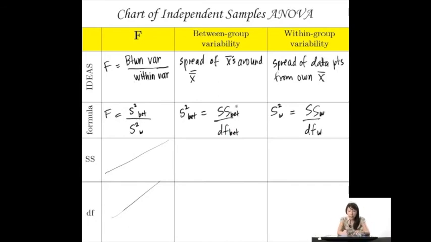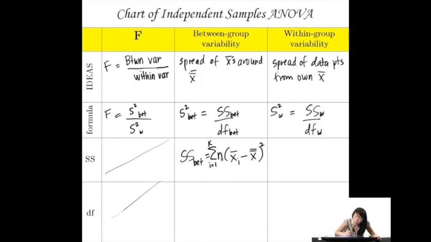Once you get there, then you could break this down, right? And you could say sum of squares between, and if you forget what the formula is, you could look up here and say, it's the spread of the x bars around the grand mean, right? So x bar minus grand mean, and you know you have a whole bunch of them, right? Squared, sum of squares, right? And you're going to go from 1 up through k, because that's however many sample means you have, right?